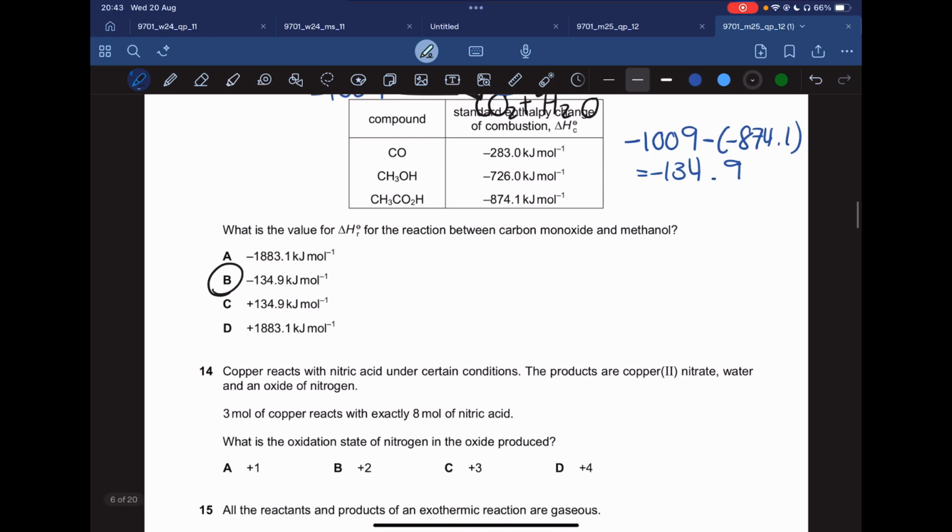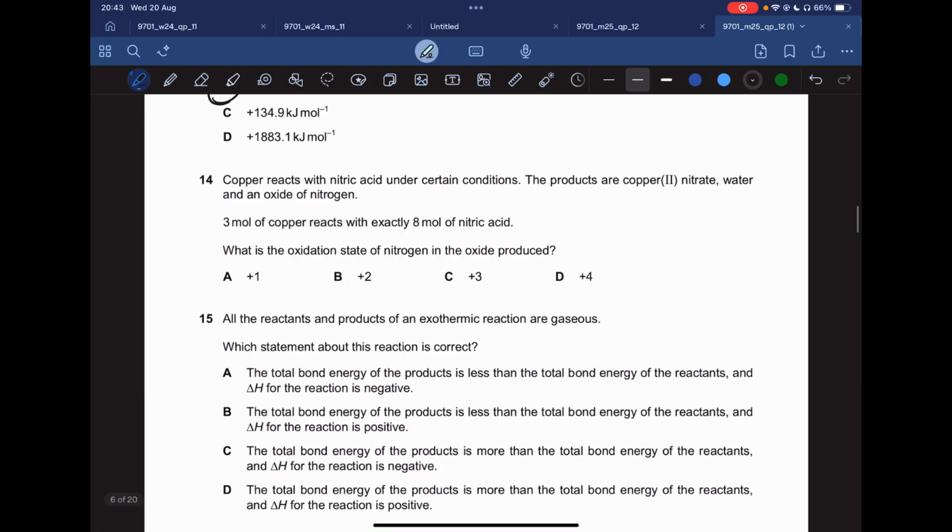Okay, 14. Copper reacts with nitric acid under certain conditions. The products are copper nitrate, water, and an oxide of nitrogen. 3 moles of copper react with 8 moles of nitric acid. What is the oxidation state? So what you have to do here, same thing, is work out the balanced equation.